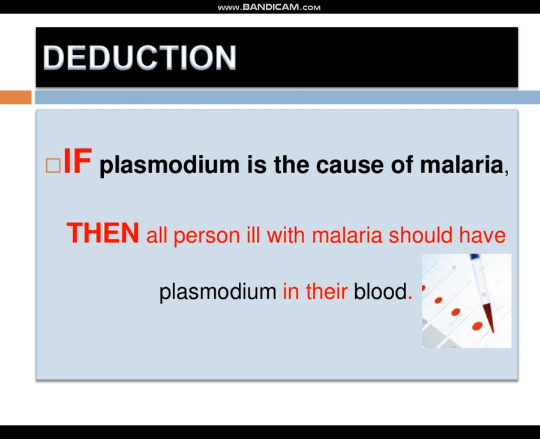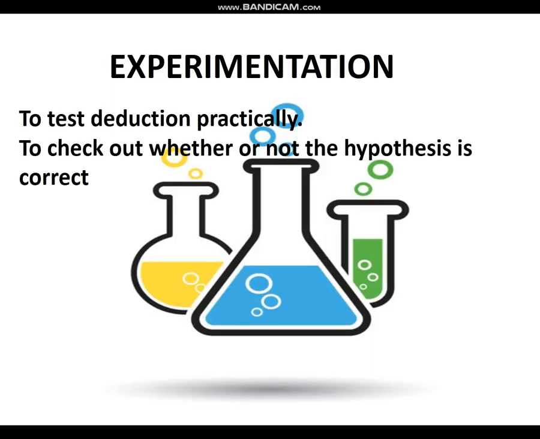So these are the deductions: if plasmodium is the cause of malaria, everyone who has malaria should have plasmodium in their blood.